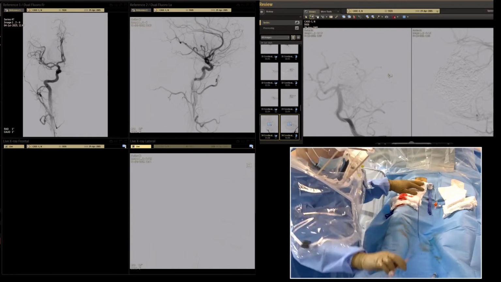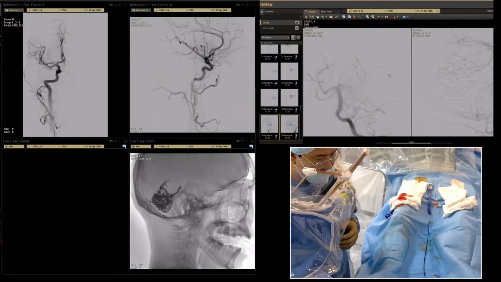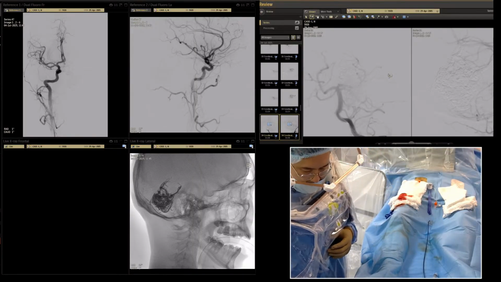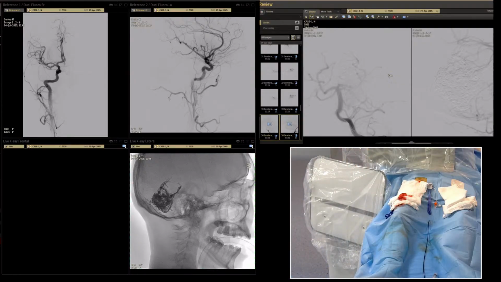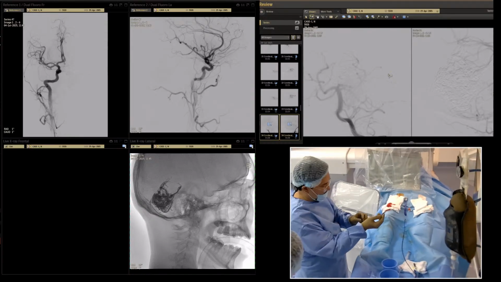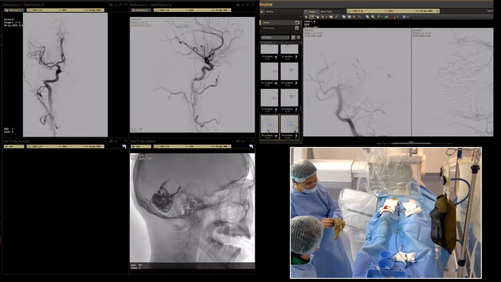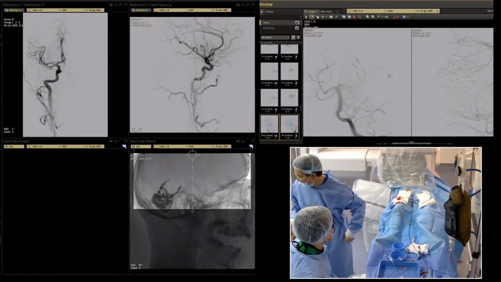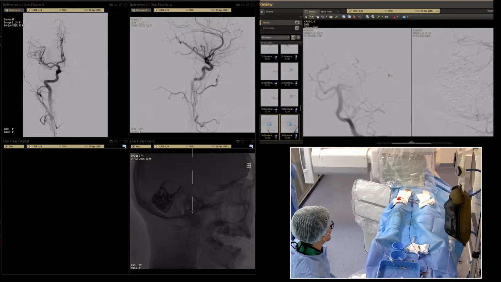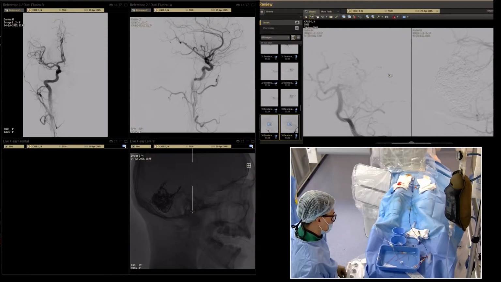I will take out my guiding, and now I will ask Rawan to do control CT. There is a need for one more embolization session, and then I think there are two branches going to the AVM, and with two sonic we may complete the treatment without microsurgery.